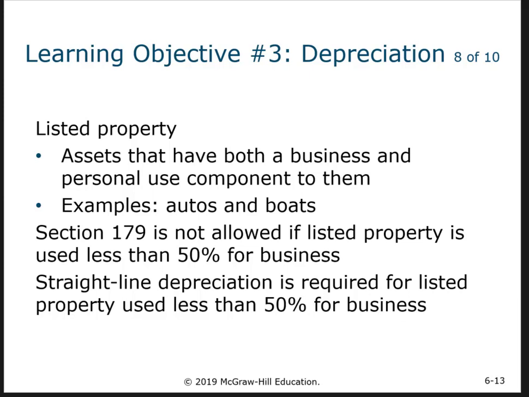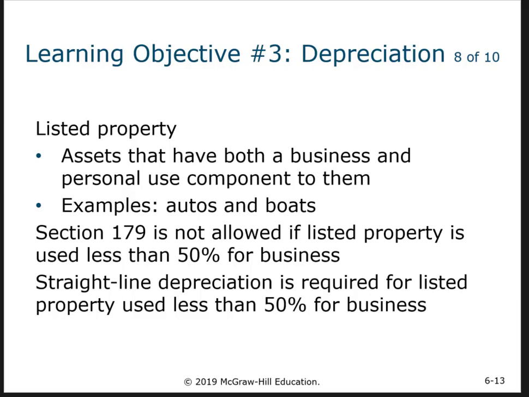Listed properties are put on page 2 of that. Listed properties are by definition of tax law those things that have both a personal and business element to them. So autos are listed property. Boats are listed properties. Okay?